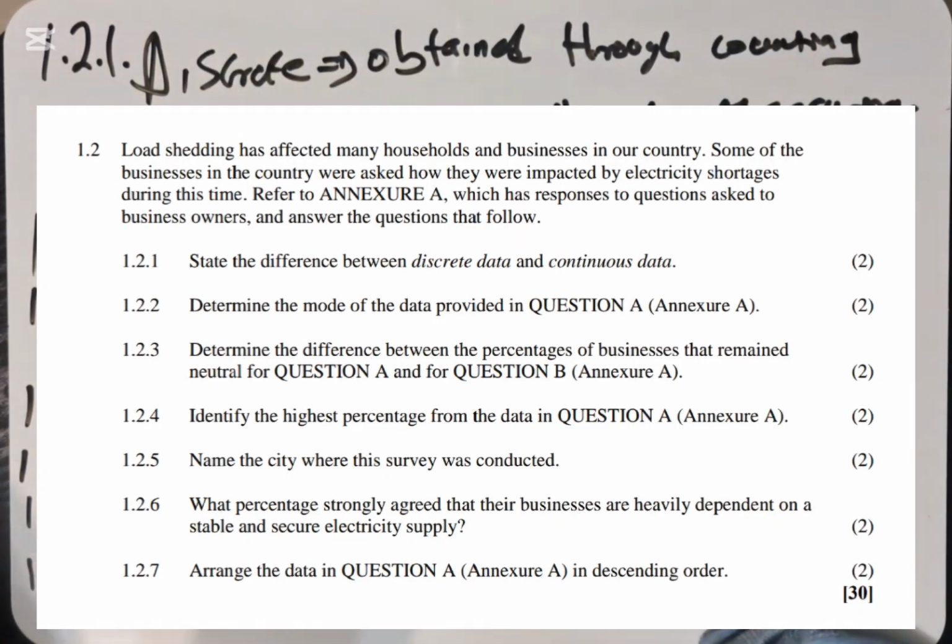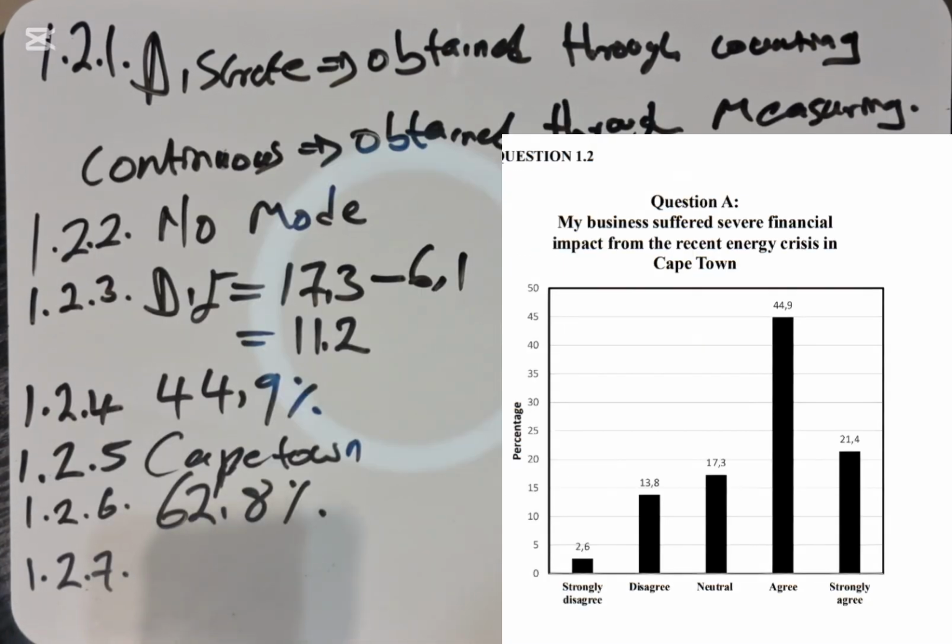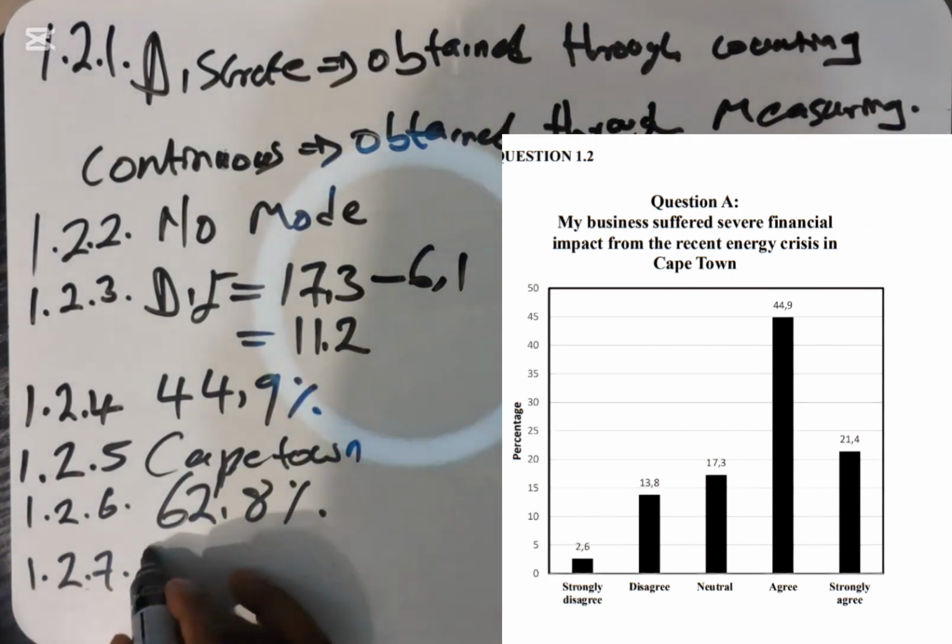1.2.7, which is our last question. Arrange data in question A in descending order. We should not forget that descending order means from the biggest amount to the smallest amount. If we look in question A, we have 44.9, which is the biggest one.